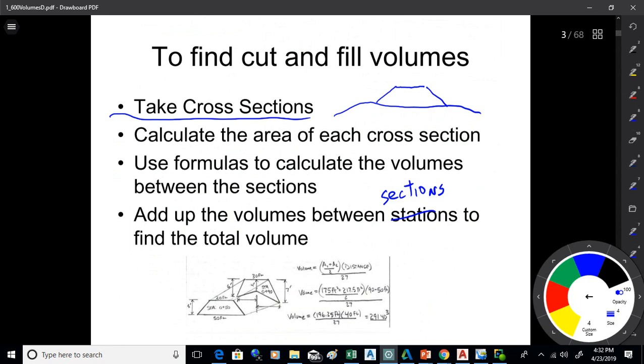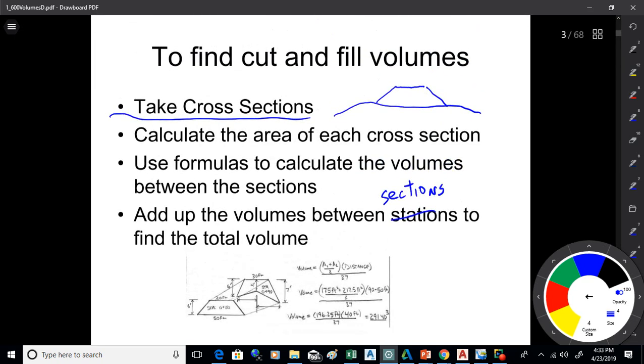So to find cut and fill volumes, you calculate the area for each cross section. Then you use formulas to calculate the volumes between these sections that you've calculated the area of. Then you add up the volumes between the sections to find the total volume that you have in your project.